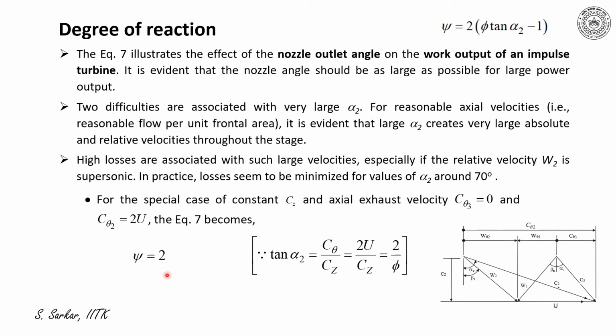You can easily prove for this case the value of alpha 2 would be equal to c theta 2 divided by Cz, that is equal to twice u by Cz, equal to twice by phi, and hence psi becomes 2. Thus, I have indicated another thing, that for a normal exhaust or an axial exhaust, psi is equal to 2 for an impulse turbine.